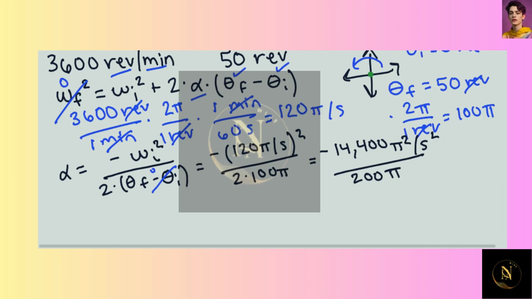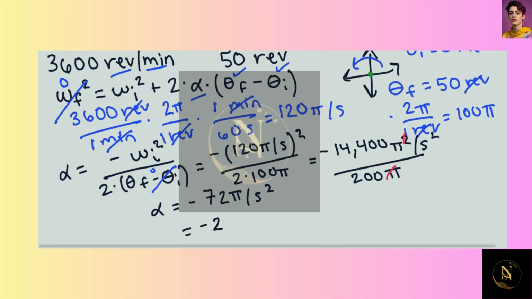Because pi squared is in the numerator and there is 1 pi in the denominator, the pi in the denominator cancels, and we are left with alpha equals negative 72 pi radians per second squared.